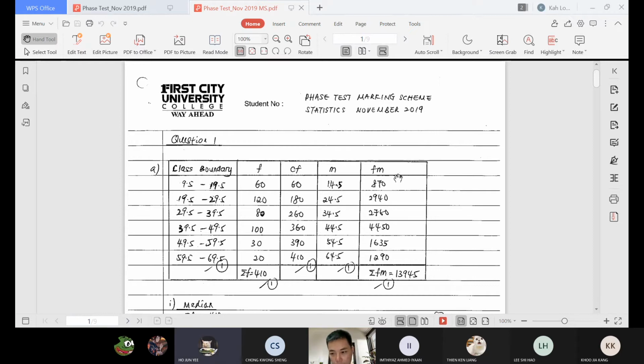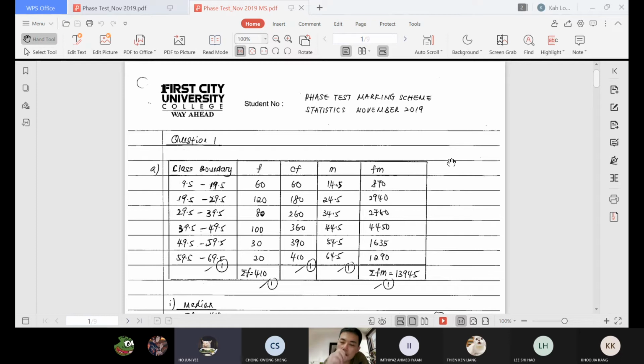Then Junyi? Frequency midpoint. What does frequency midpoint mean? It's the frequency multiplied with the midpoint, right? Yeah. Is it okay, Junyi? Yes.